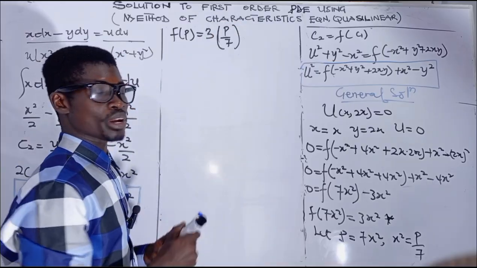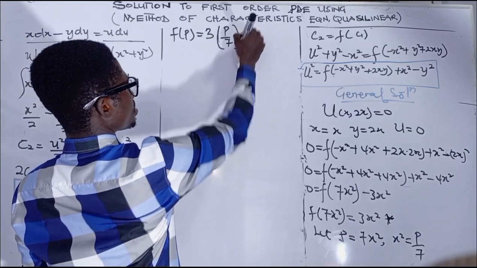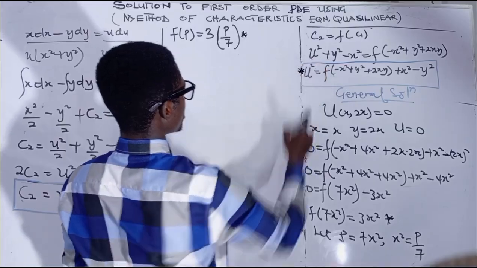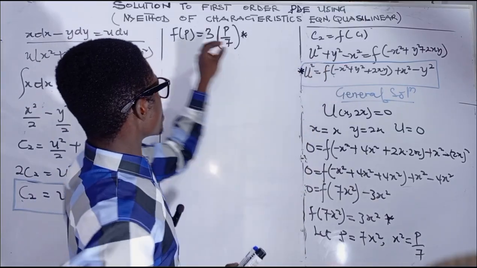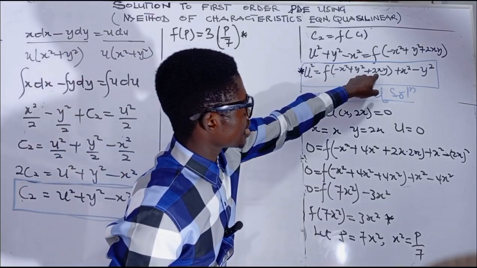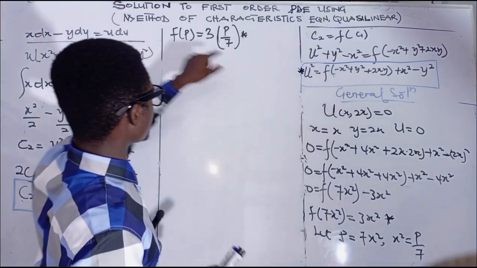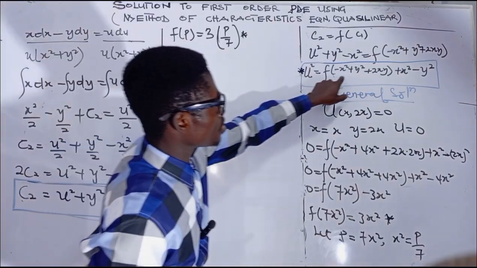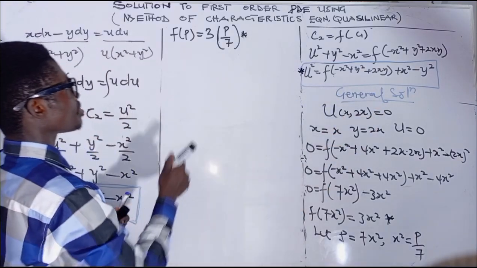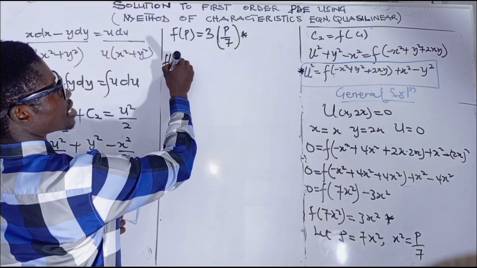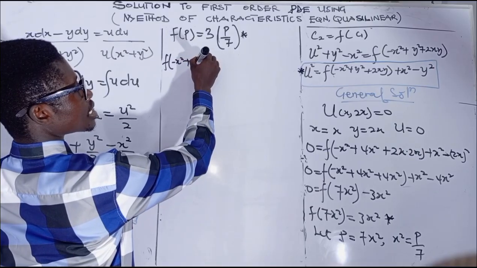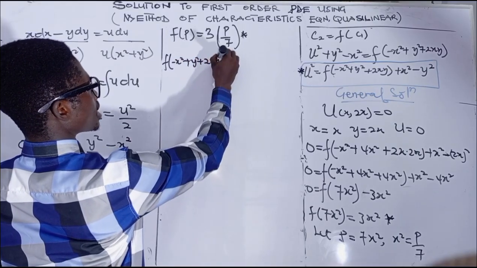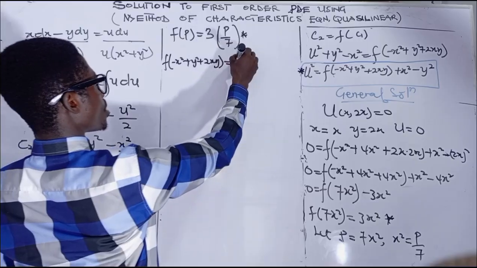So at this point, we are going to go back to the general solution. This is the general solution, and wherever we see p, we are going to plug in this function. Wherever we see p, f at p, we write the whole of that. So we have f at minus x squared plus y squared plus 2xy is equal to 3, which is there already.